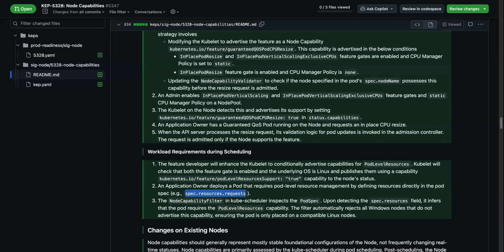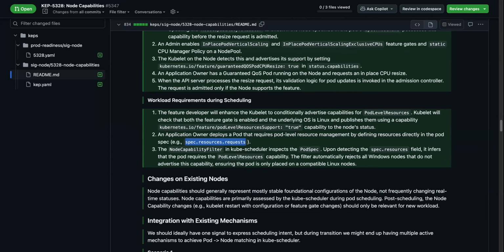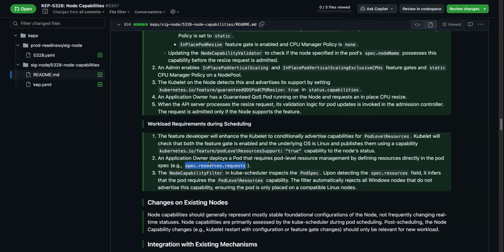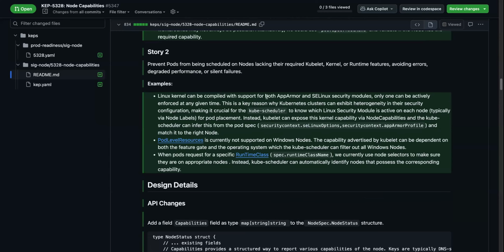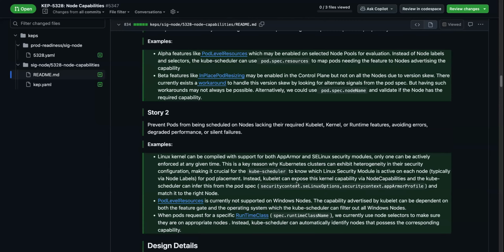What about some kernel features? As a part of the alpha stage for this KEP, I have not included any kernel feature, but I've explained one example in the story, where things like AppArmor support or SELinux security modules, if they are enabled, we can publish them through capabilities.